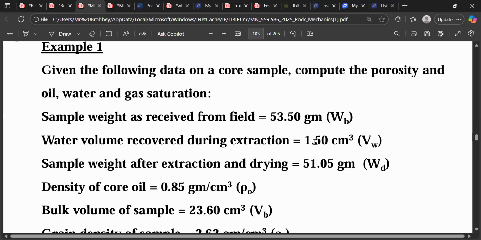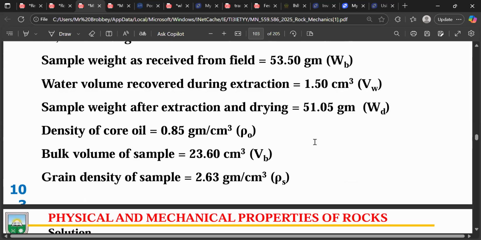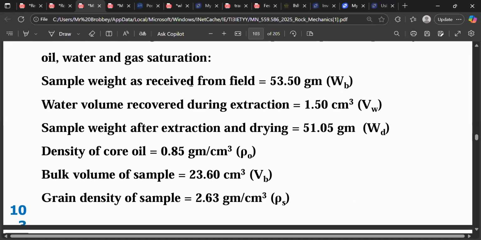So I think it was the porosity, that's the first one. I used the formula: the bulk volume of the sample, VB, minus the VS, divided by the bulk volume.